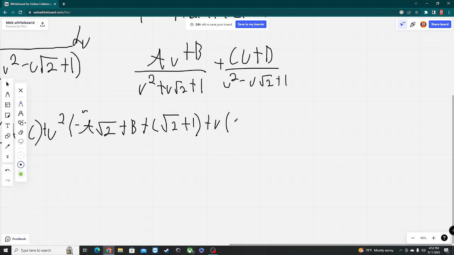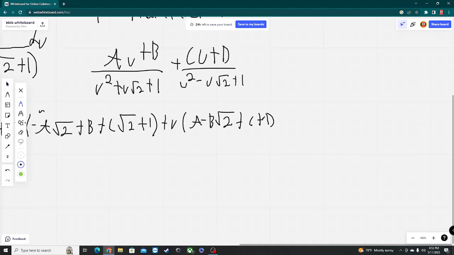So this is now going to be a minus b square root 2 plus c plus d, plus c square root 2 plus b plus d.